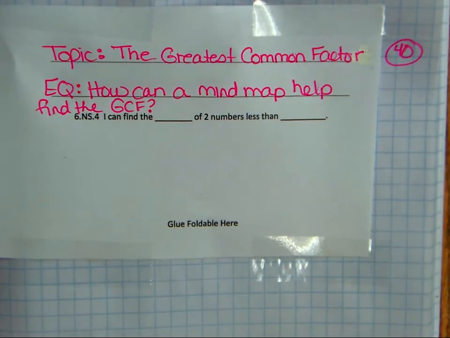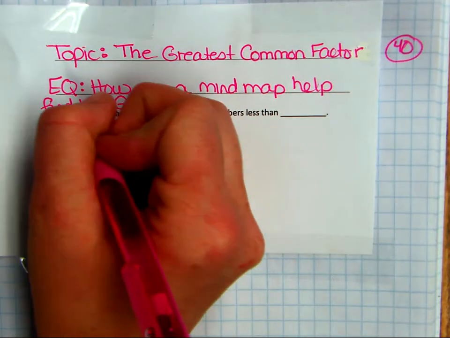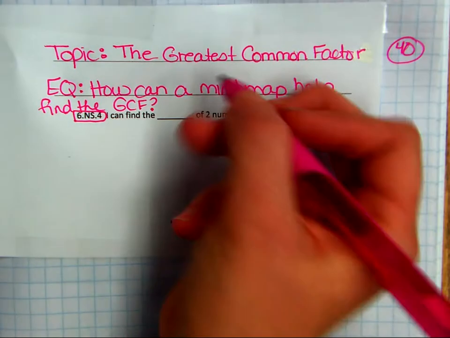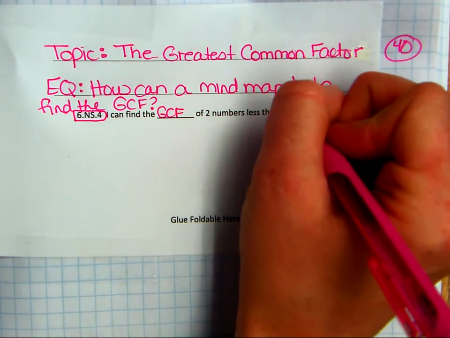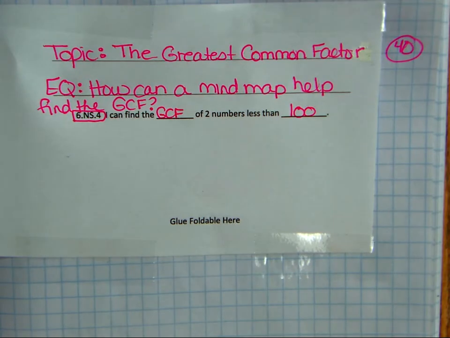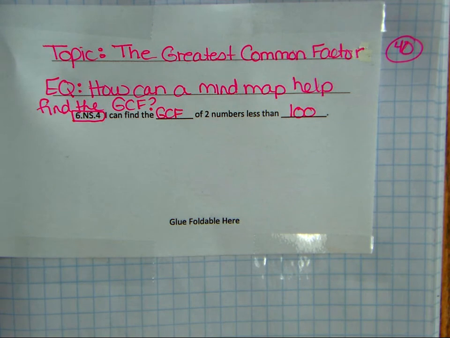Our standard for today is 6NS4, and it's I can find the GCF, or greatest common factor, of two numbers less than 100. So we're going to compare two numbers. They're going to be less than 100, and we're going to use this mind map model.